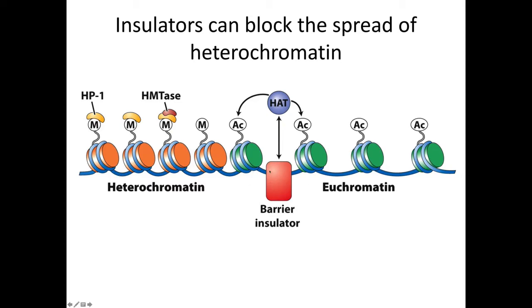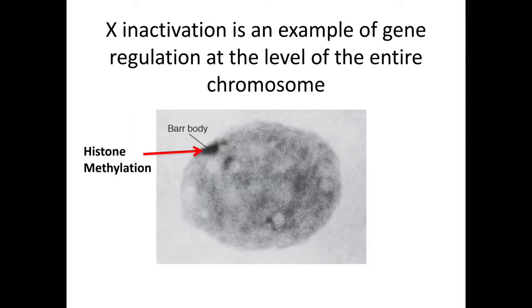And probably what happened in the white mottled 4 line is that the white gene moved into the heterochromatin without a barrier insulator nearby, preventing its protection from the heterochromatin. So that is a view of regulation of gene expression not at the single gene level, but at the whole chromosome level.